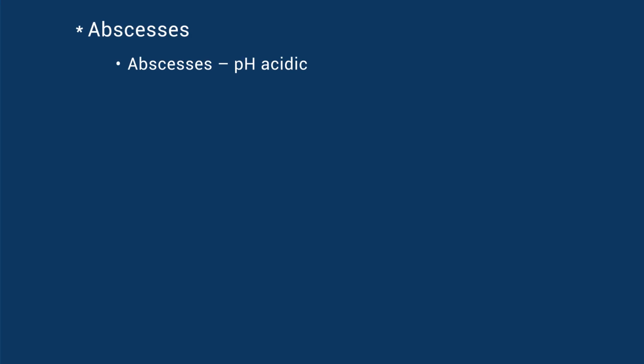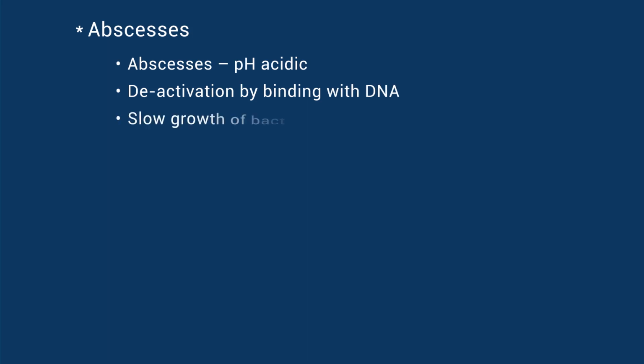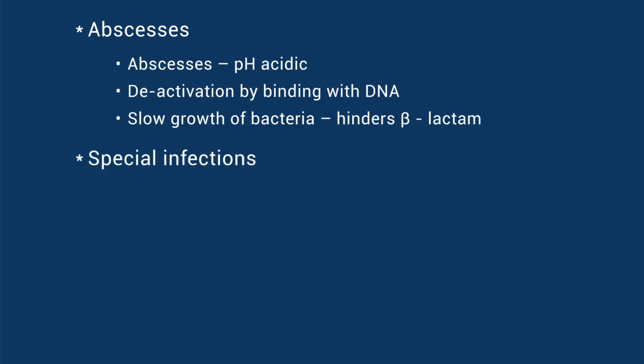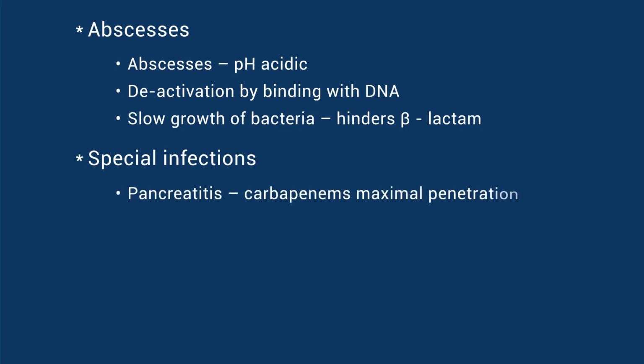There is already a lot of bacterial DNA which can actually deactivate the antibiotic, and it is a kind of anaerobic area where the bacteria may not grow as fast. Therefore, any drug that acts on the growth of bacteria like a beta-lactam may not be very effective if given alone. Special infections: if we have pancreatitis, then carbapenems will penetrate the pancreas the most.